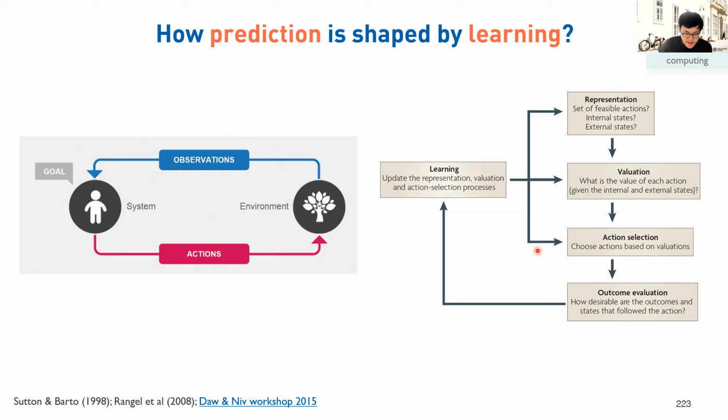They tried to bring in the idea of reinforcement learning and computational modeling to try to understand behavior. So here, what they did, they were trying to decompose or tease apart the decision-making or learning process into multiple steps.